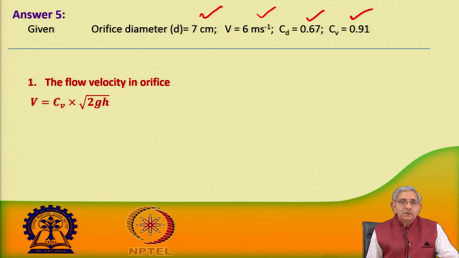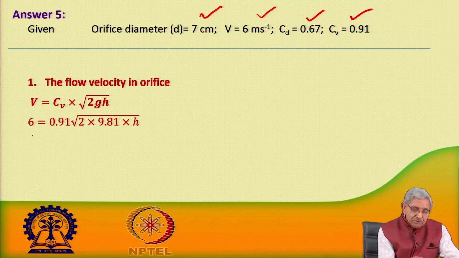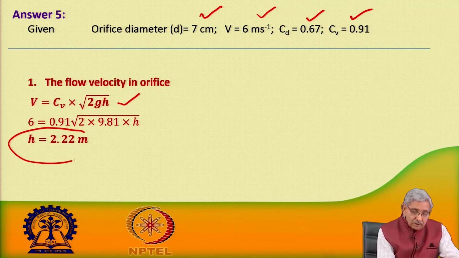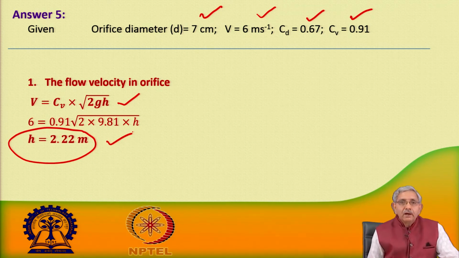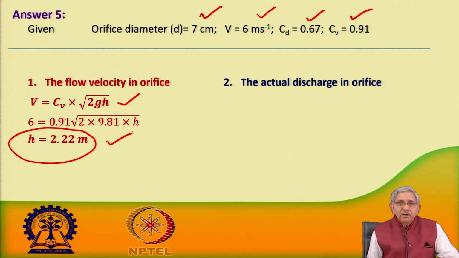The velocity of flow through the orifice is given by V equal to C V multiplied by root 2 G H. This velocity is known to us, so using this expression one can know the height from the center of the orifice to the water level. So, H is calculated.